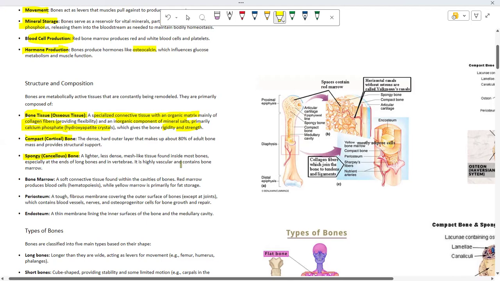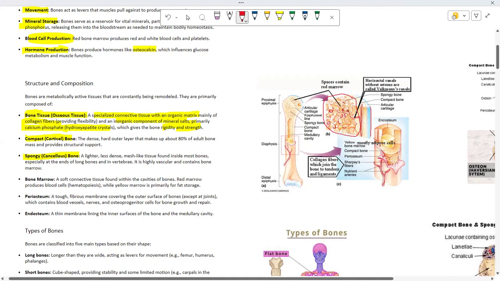It is highly vascular and contains bone marrow. So we're talking about this portion here that looks like a sponge. It's called the spongy bone. And then you also have the bone marrow within the spongy bone.